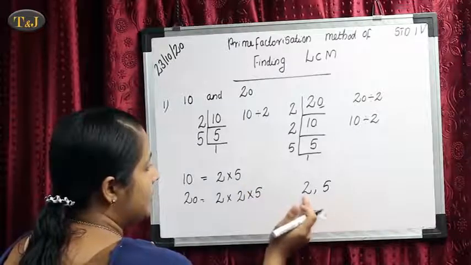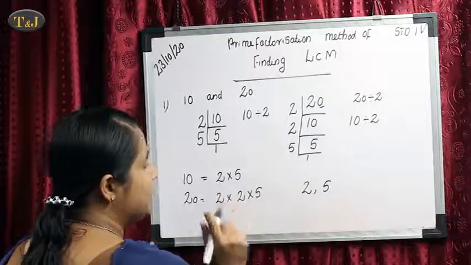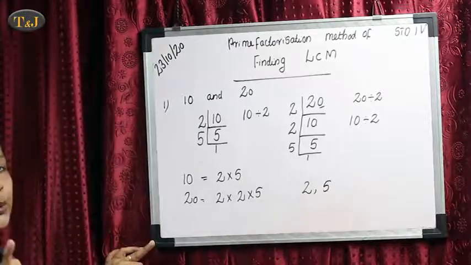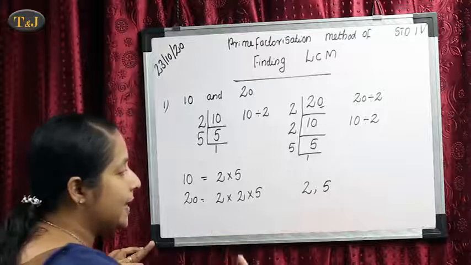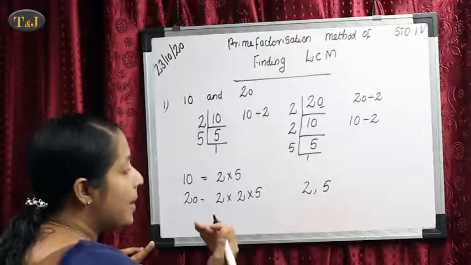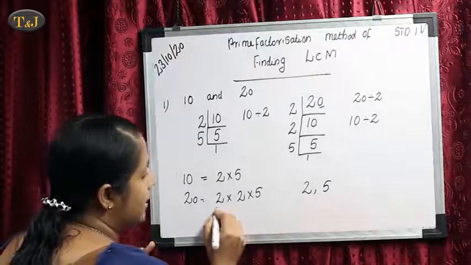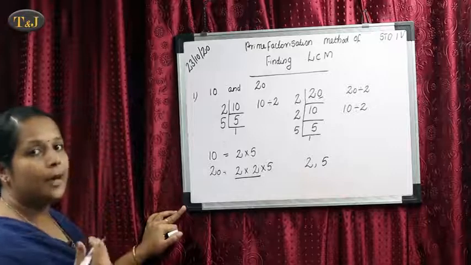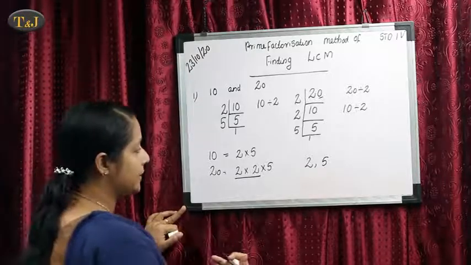Here our prime numbers are 2 and 5. In 10, 2 is repeated one time, but in 20, 2 is repeated 2 times. That means LCM is the product of these prime numbers at their maximum number of occurrences. That's why we select the maximum number of times.